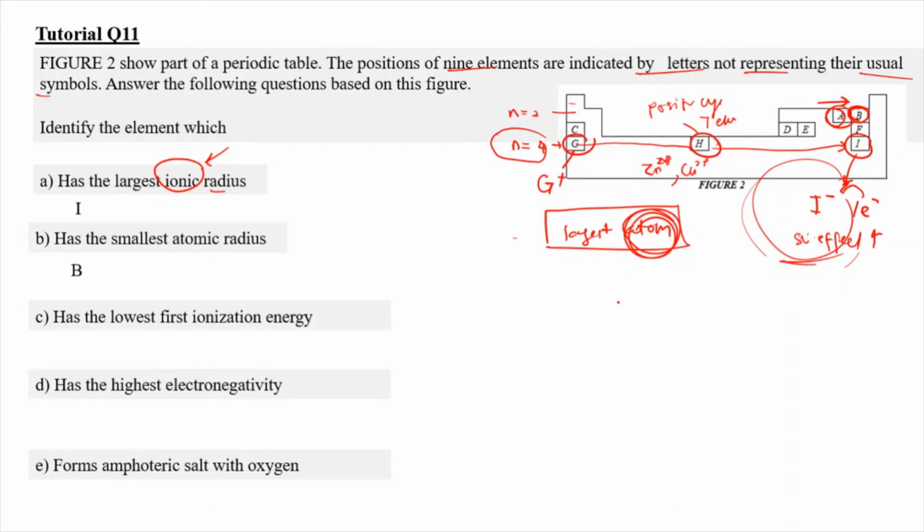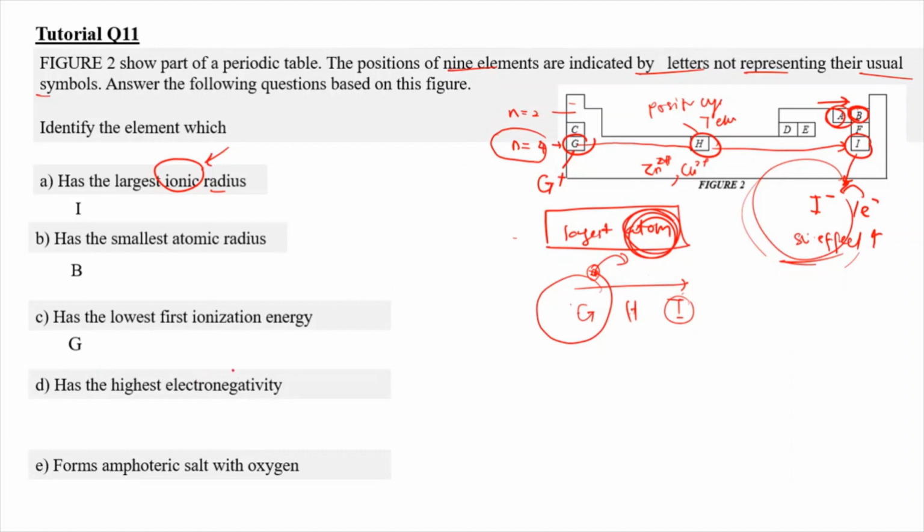In comparison, among G, H, and I atoms, I is going to be the smallest because the proton number increases and the effective nuclear charge increases, and G is going to be the largest. When G is the largest, the electron is further away from the nucleus, and hence it is going to be easier to remove the one electron from the attraction of the nucleus. As a result, G has the lowest first ionization energy.